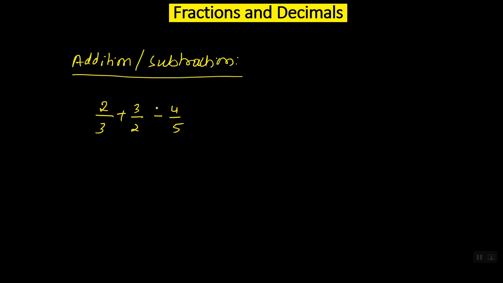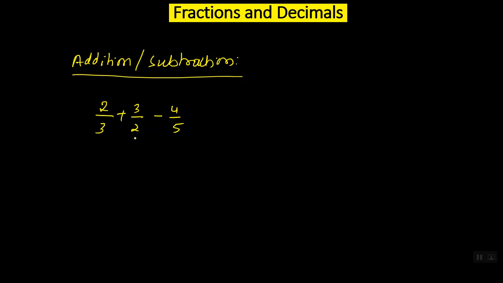While doing addition or subtraction of fractions, the first thing to remember is that you have to make a common denominator for all three. Here the denominators are 3, 2, and 5. How can you make a common denominator?